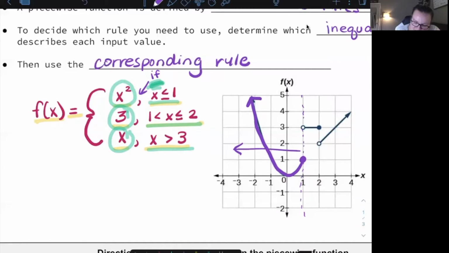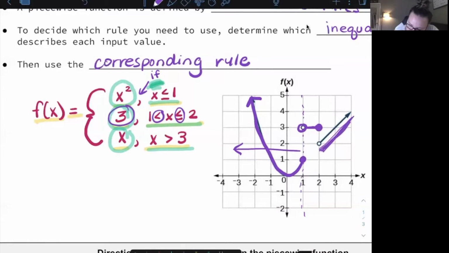For f of x equals 3, well, we have this straight line right here because f of x is equal to 3 if x is between 1 and 2. Well, we have an open circle because 1 is less than x. It's not included. It's not equal to. And then we have a closed circle on 2 because 2 is included with that less than or equal to sign.